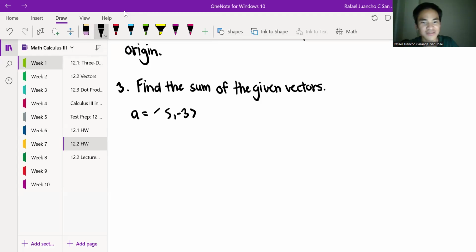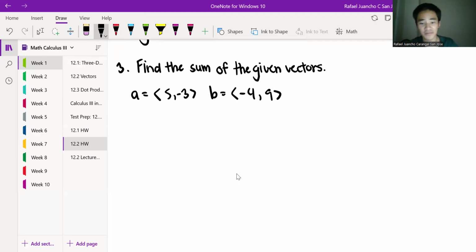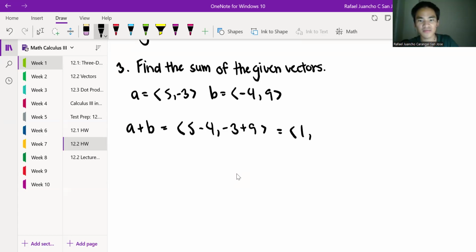And our vector B has components -4 and 9. And we want to find the sum of these two. And so A plus B. So we just add them. So 5 minus 4, -3 plus 9. So that's 1, 6. So that's that. Let me just quickly type it in.